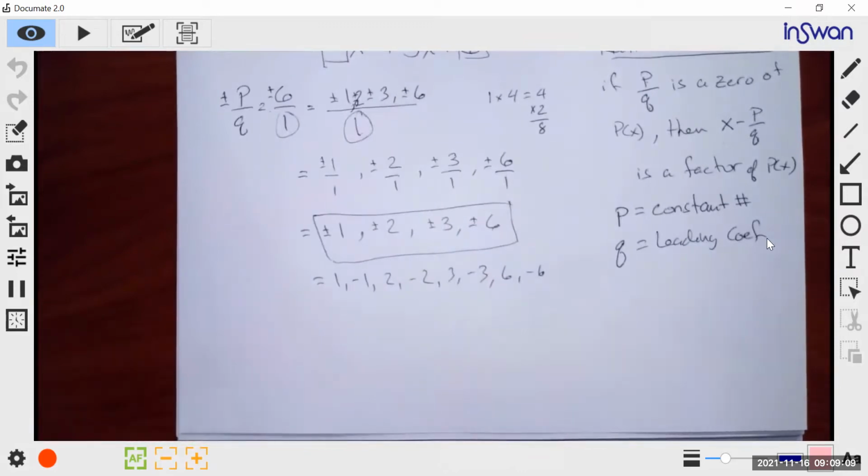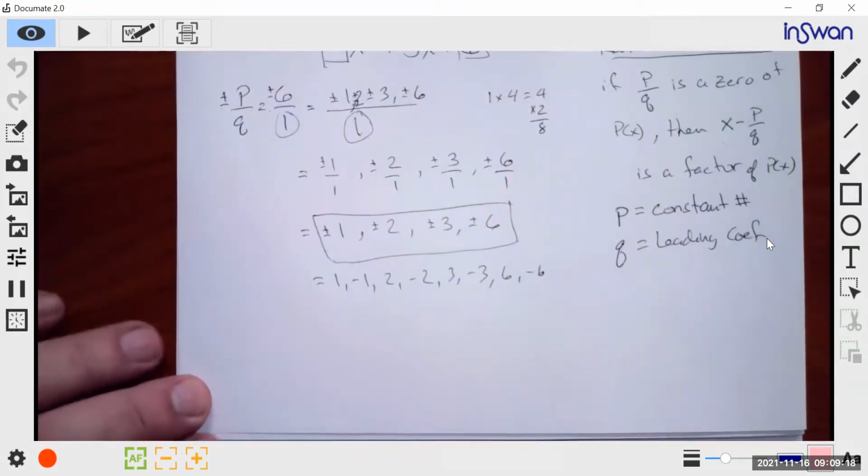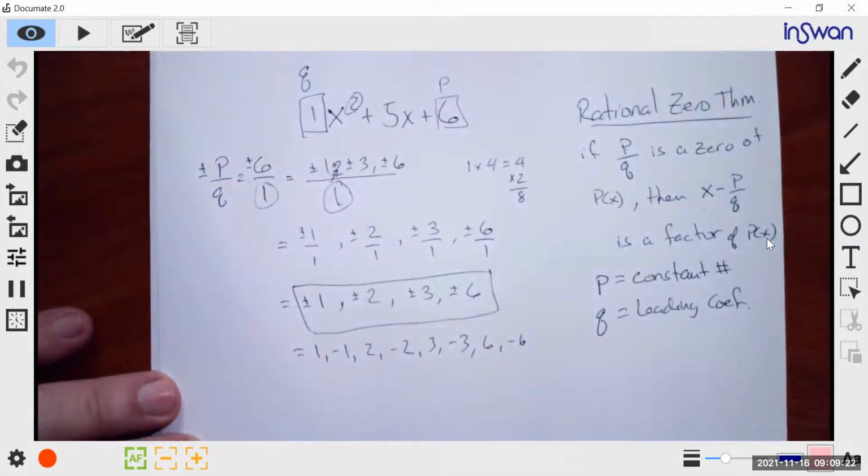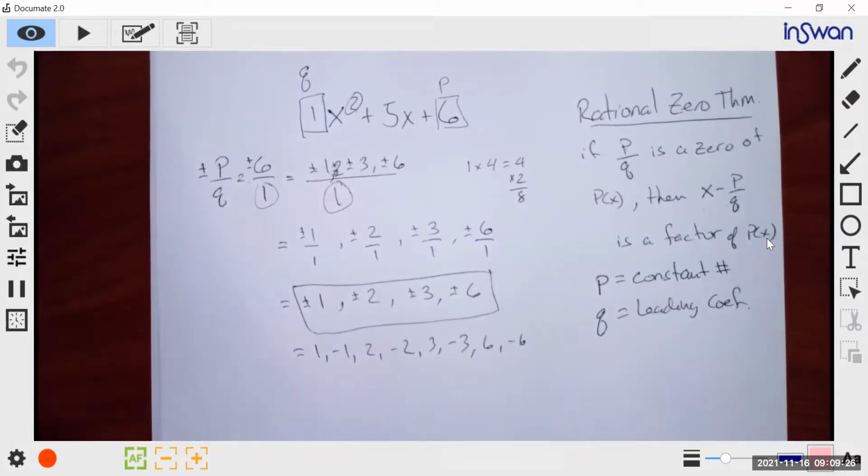So I would just go ahead and start doing synthetic division and see which ones will work. We only need 2 of them. Does that make sense? So that's the rational zero theorem.